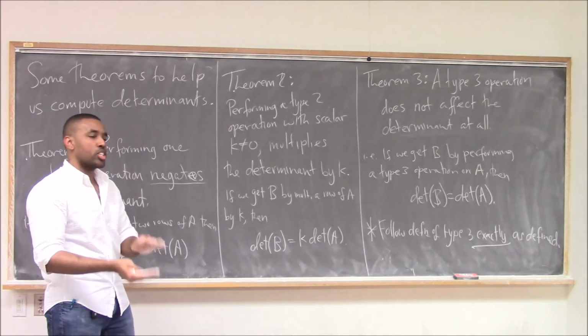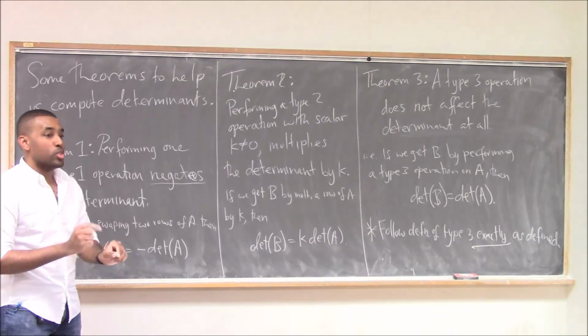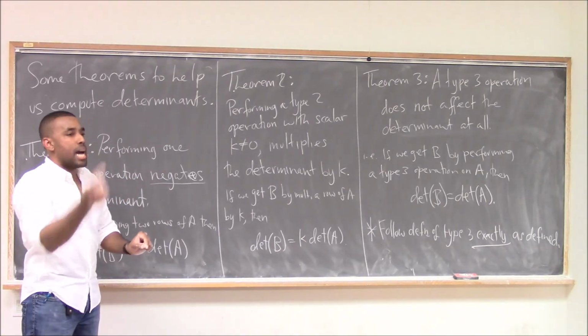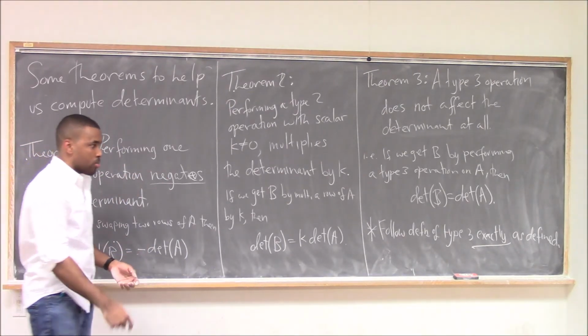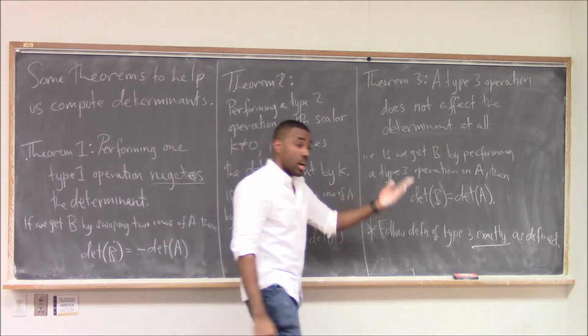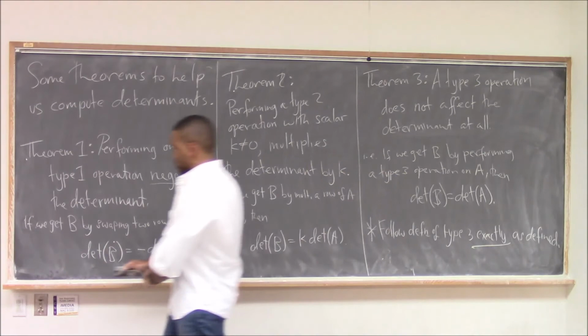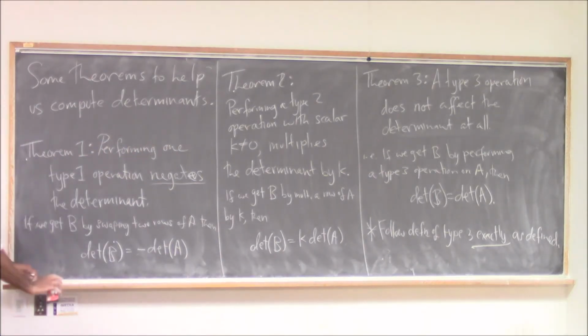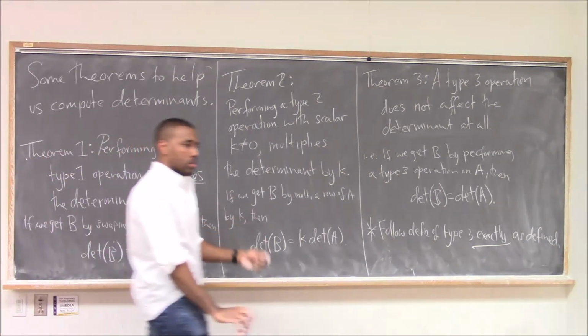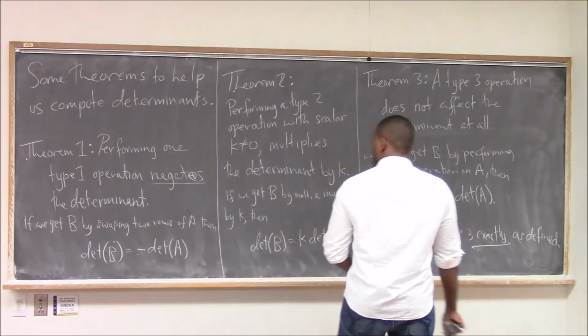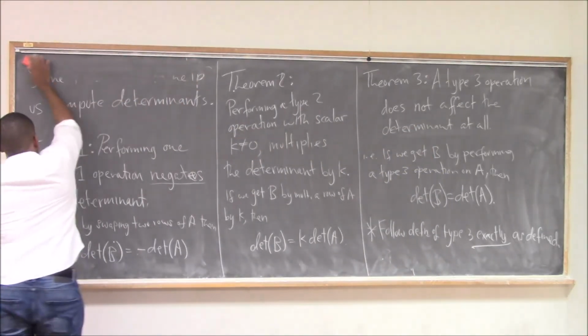The row you're changing should not be multiplied by anything. You need to multiply some other row and add it to that row. That's a type 3 operation, and it turns out doing that does not change your determinant. Now there are some consequences of these, but I want to do another example so you can see how I'm going to use this in action.